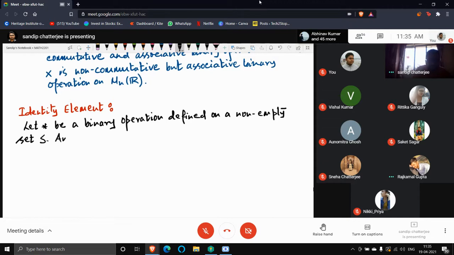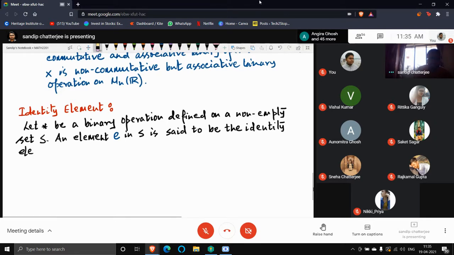an element E in S is said to be the identity element.